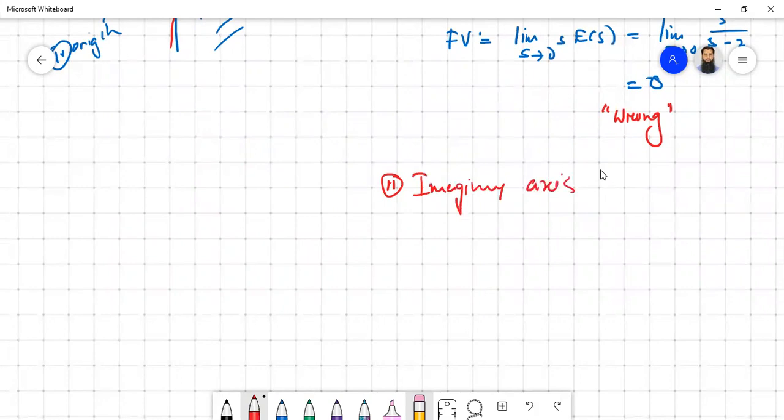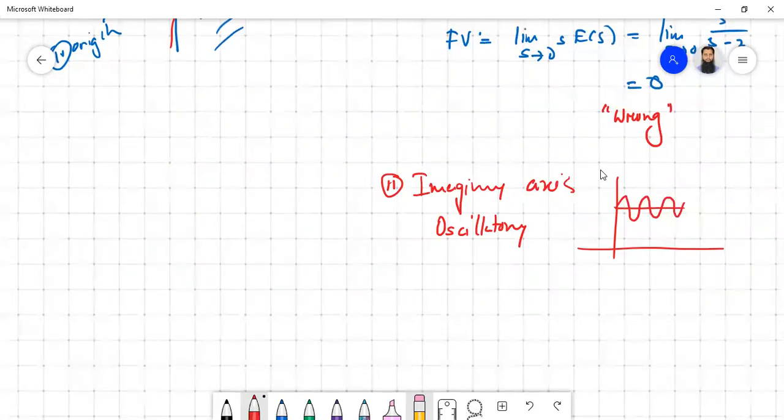The system's behavior is oscillatory. Graphically, what should the response be like? The response will be something like this. If you don't apply any step input, it will be oscillating around the zero value.